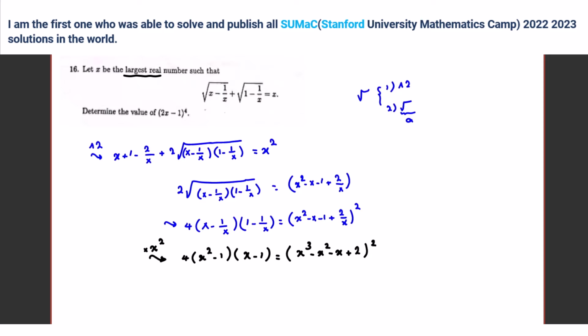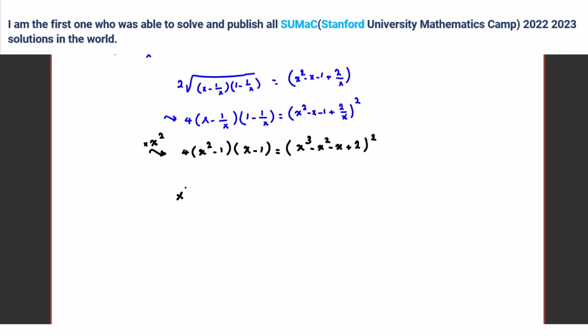So I got x to the 6 minus 2x to the 5, minus x to the 4 plus 2x cubed plus x squared.